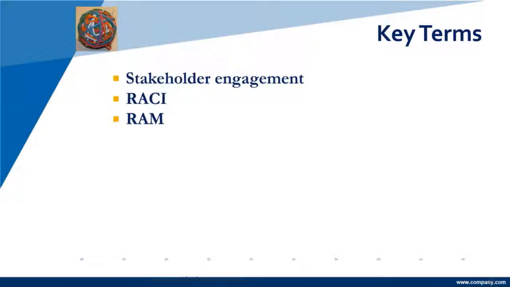Also, RACI is just a special RAM. We have organizational modeling. Organizational modeling can be everything from org charts to more advanced charting and showing the relationships between the organization, and it can have different information like you've seen on a couple of the tools.